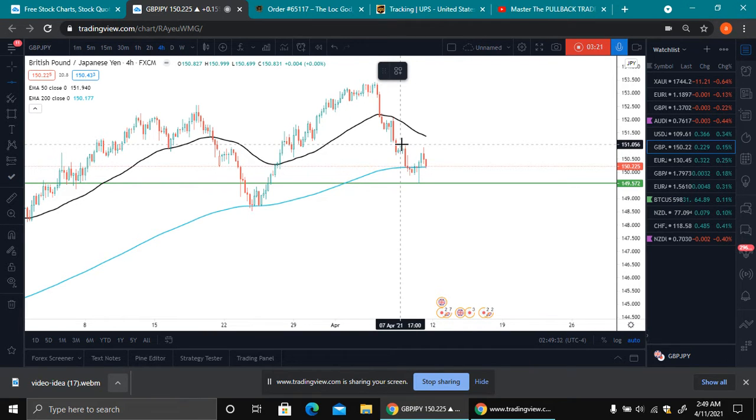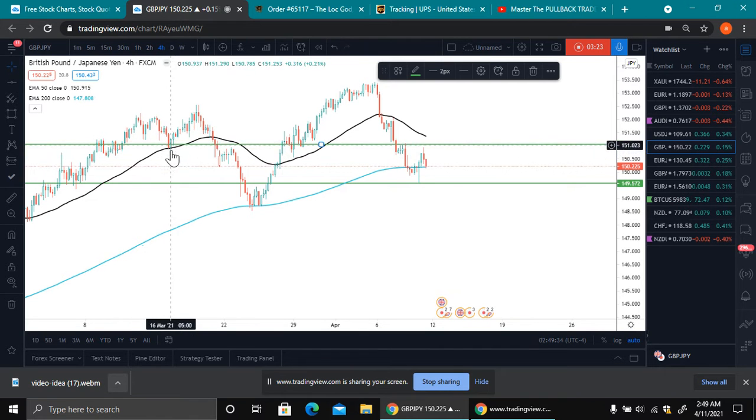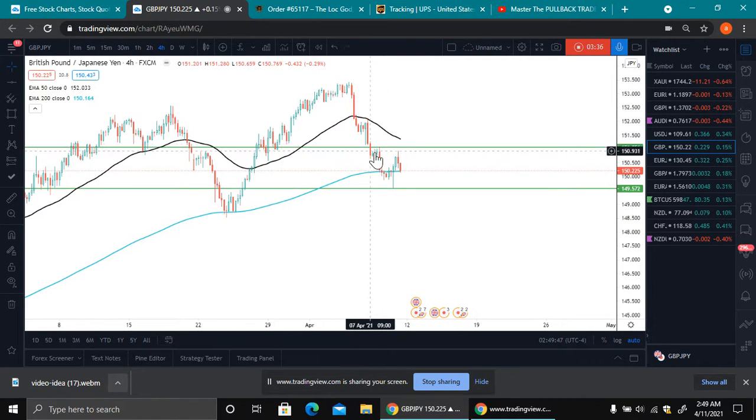I also see some support going on from the past, support right here. So I know for a fact that price has to come back and break above this area. This is some resistance in the past, and then also some resistance here, right?